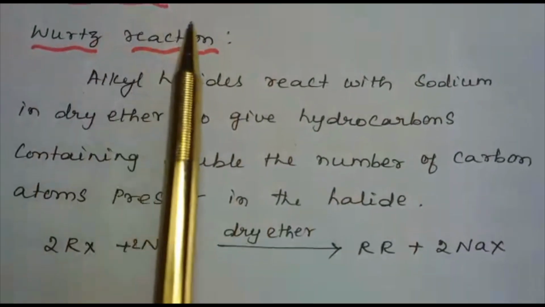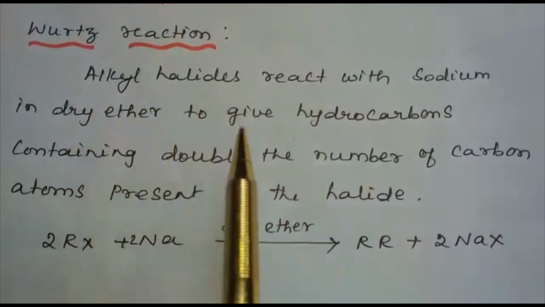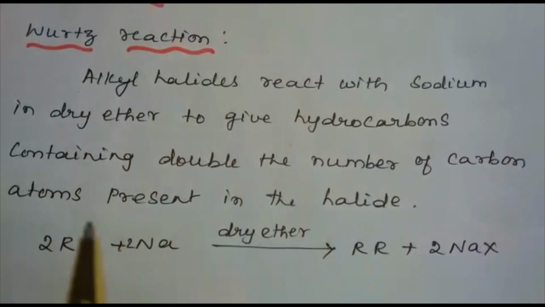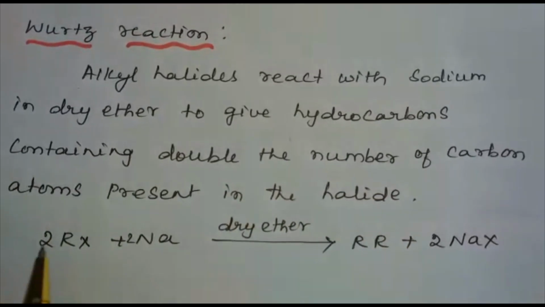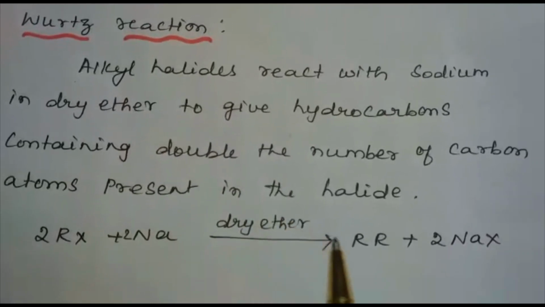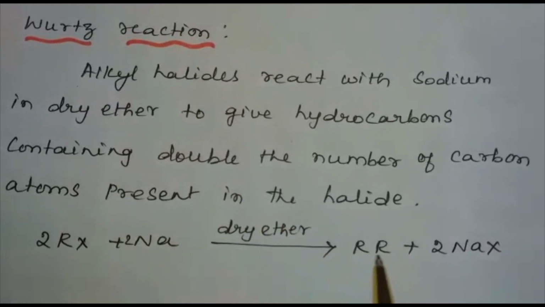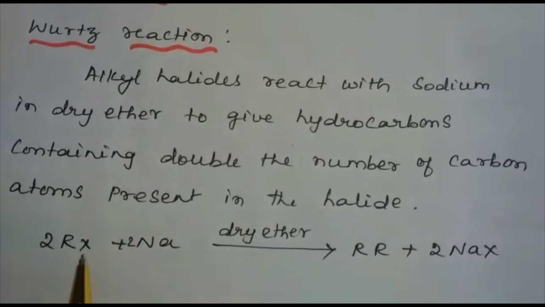Next is Wurtz reaction. Alkyl halides react with sodium in dry ether to give hydrocarbons containing double the number of carbon atoms than the starting compound. The speciality of the Wurtz reaction is that it gives double the number of carbon atoms present in the reactant.